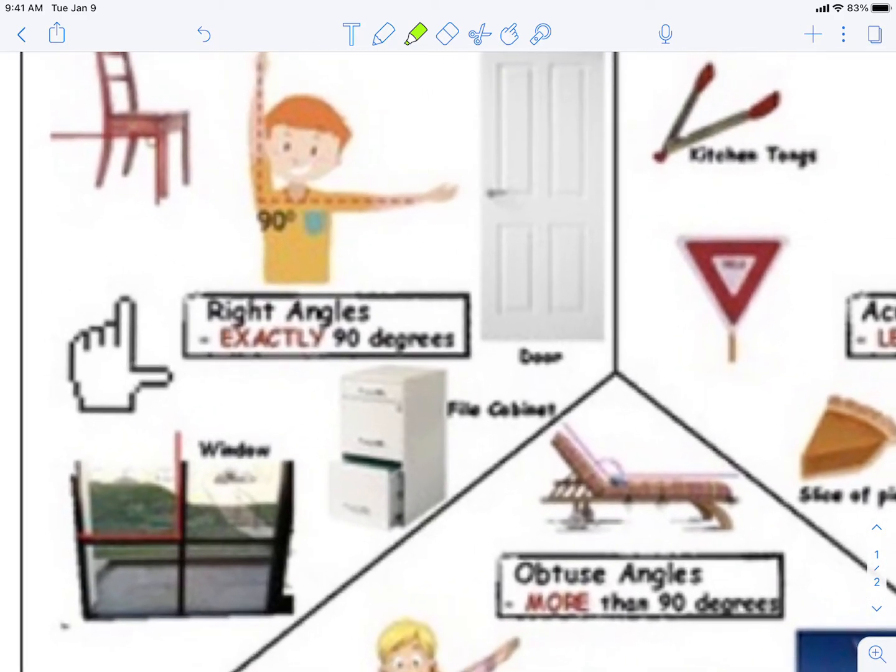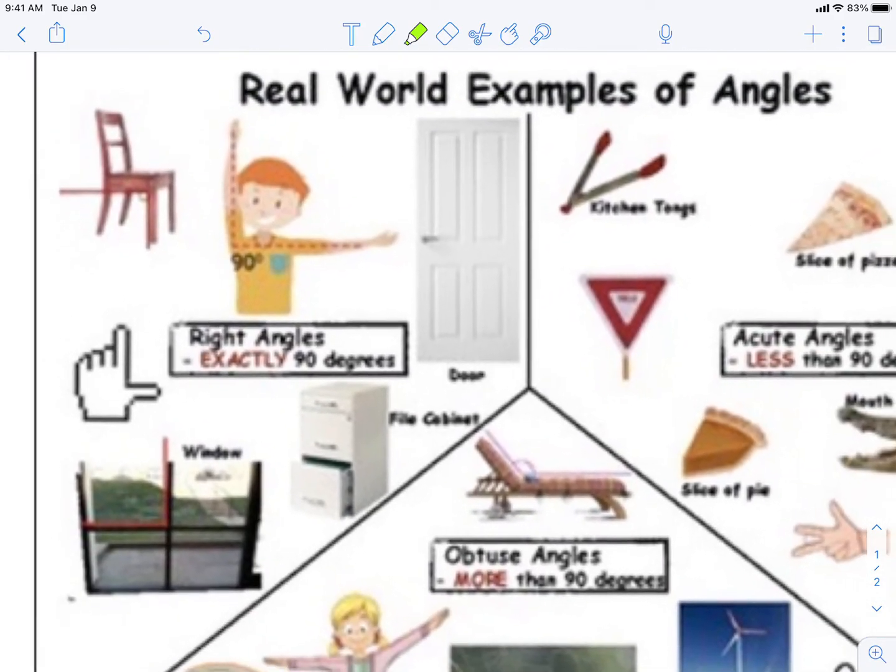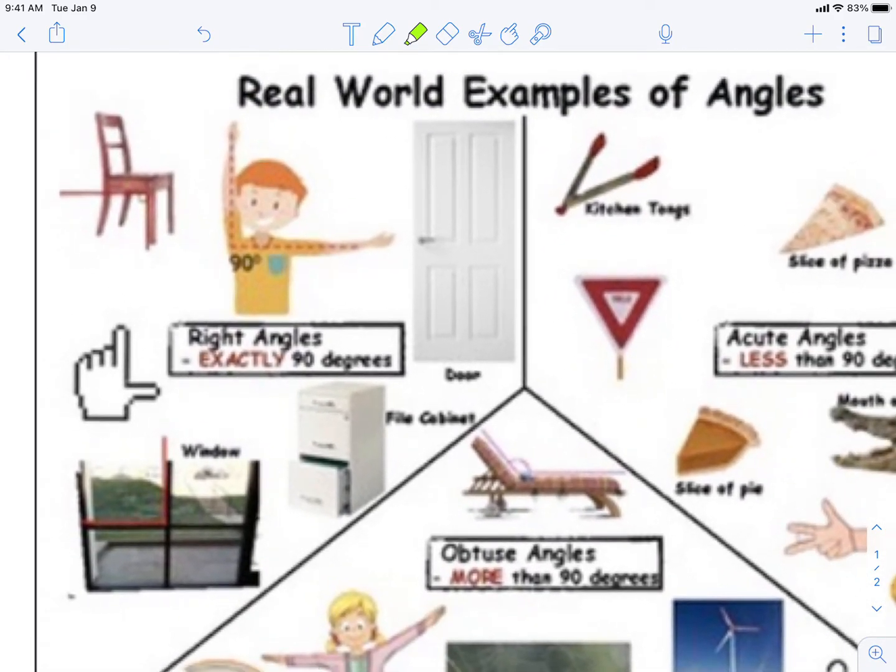The first type of angle we're going to see is called right angles. If you notice, this boy is making a right angle with his arms. Also, the bottom of this chair forms a right angle. Doors form right angles.